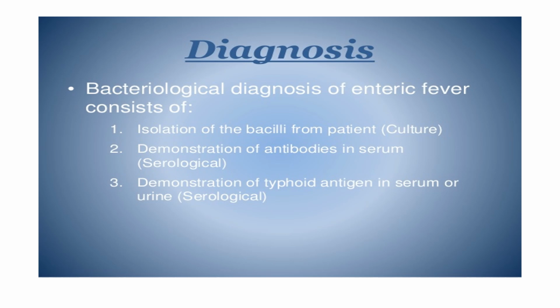And for detection of the antibodies in the serum, the commonly used investigation is Typhidot, which is also obsolete nowadays. Because of the low sensitivity and specificity, both of these investigations are obsolete. The one and only diagnostic gold standard is the isolation of the organism from the patient in the form of culture and sensitivity.